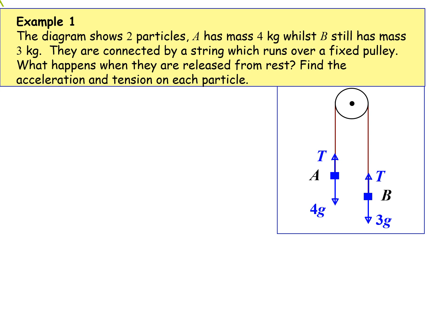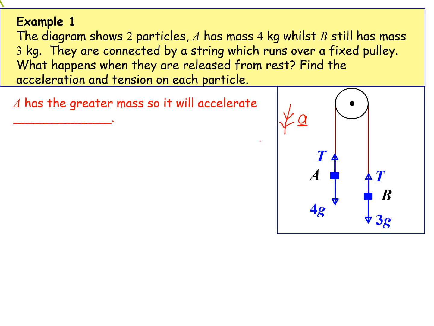Well, this time they're not equal, so it will move, and the heavier weight will go downwards. So acceleration will end up going this way, so it's always good to get an acceleration arrow on there so we know which way we're modelling. Here A has the greater mass, so that will accelerate down.